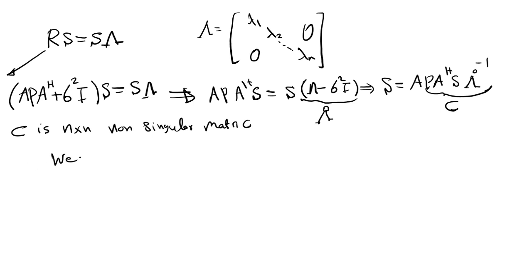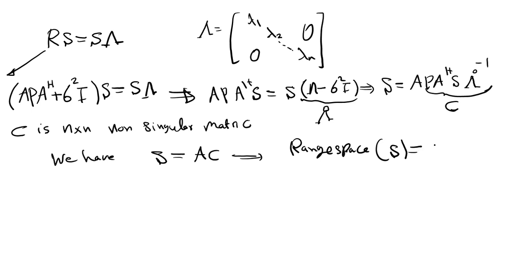So we have S equals A C. That means the range space of S equals the range space of A. The information in A, which are the frequencies, is in S. So I try to find the frequencies based on the matrix S.